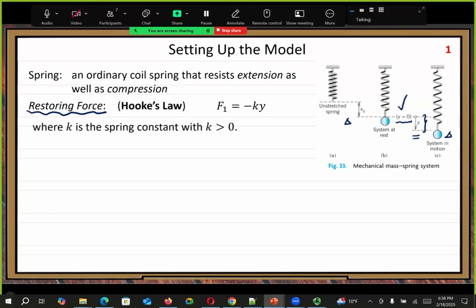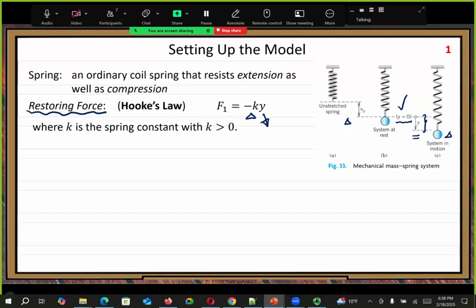This negative sign is there because the force has a direction, right? The displacement y also has a direction. So this negative sign tells us the direction of the force F1 is always opposite the direction of the y displacement.